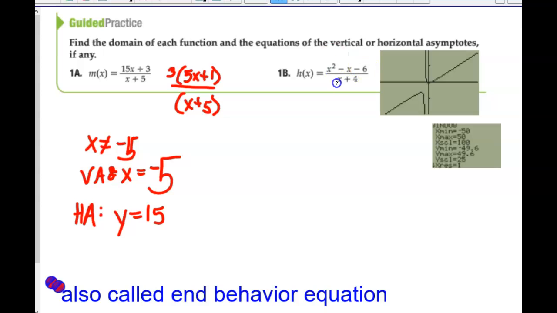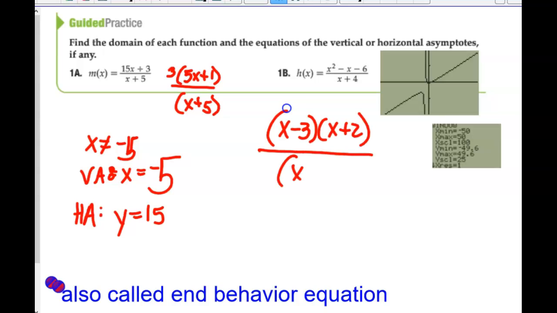This one, the top factor is how? X. Okay. So domain restriction, anybody? X cannot equal -4. Everybody good? Where are the zeros or the x-intercepts?